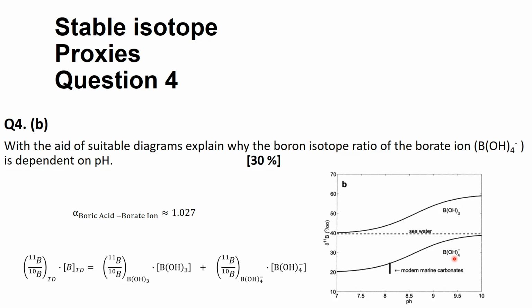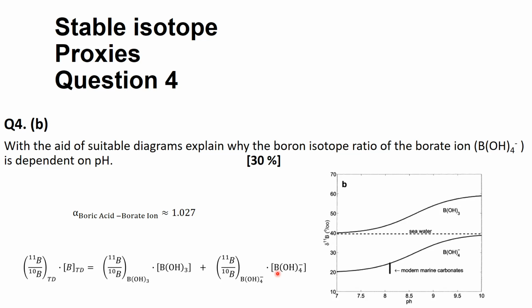You do the same for the boron 10. So you could do an isotope mass balance in the same way that we did for strontium isotopes in the practical, where we look at the isotope ratio of the total amount of boron in the ocean times the total amount of boron in the ocean. That must equal the sum of the isotope ratios and the amounts of the different species. Okay.